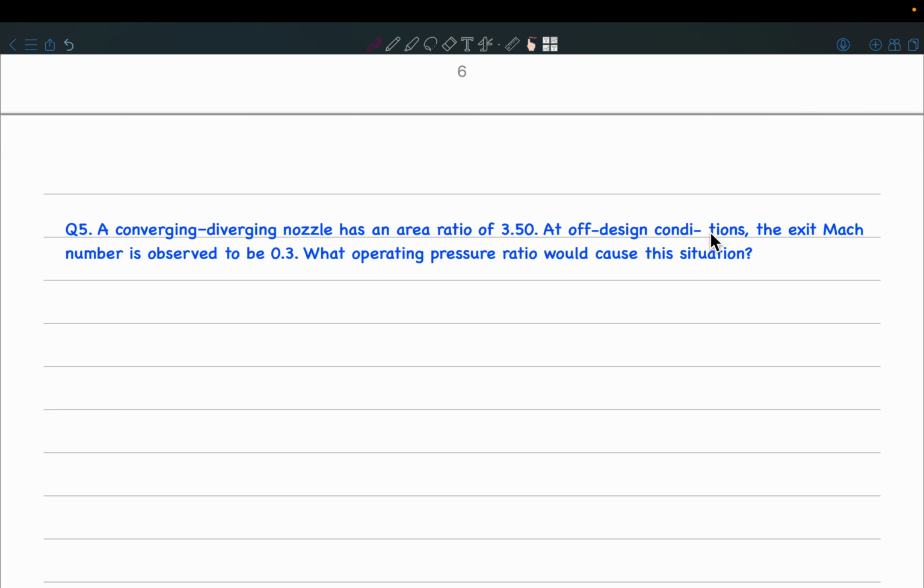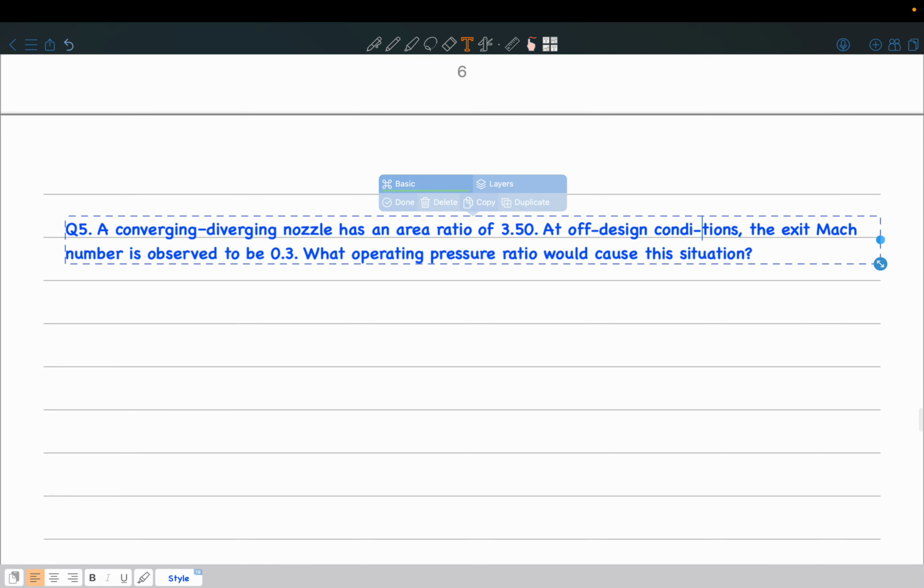So remember, this is an off design condition. Why are we saying it is off design? Because we want the CD nozzle to operate in a situation where the flow is isentropic throughout, isn't it? There are no losses. So we will get a shock only when it is off design condition.